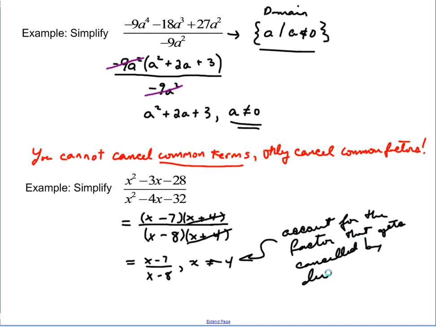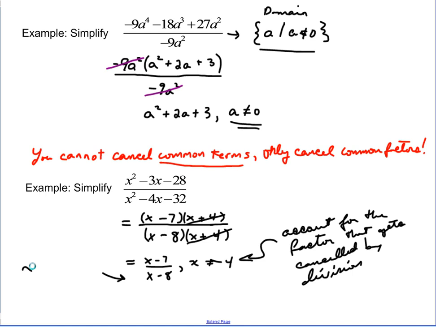I'll write canceled by division, because that's what we're doing. We're dividing out that factor, x plus 4, right? And that would make our original expression have a denominator of 0. So we have to state it outright here, since it's no longer implied by the denominator.